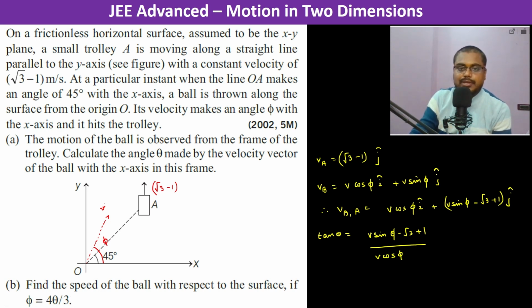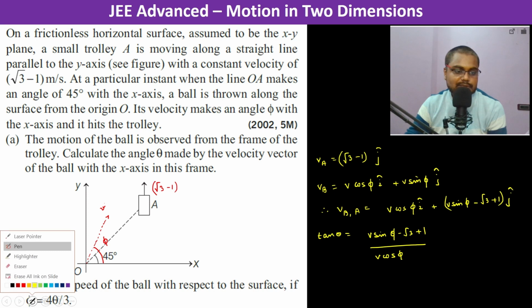So we can write that the line OA makes an angle of 45 degrees with the x-axis.